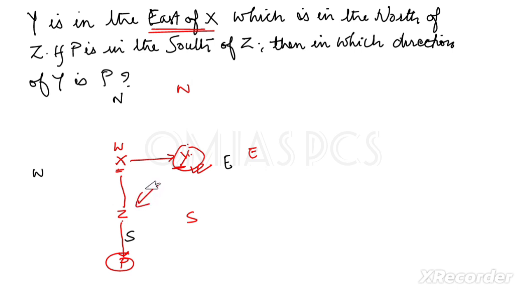So simply you can see this is at this direction. Confusion? Okay, let me enlarge this one. This is south, okay, cancel this one, this is south. So now you can say this is at this direction, okay. Fine. So P is in the direction of what? It is in the direction of south west.